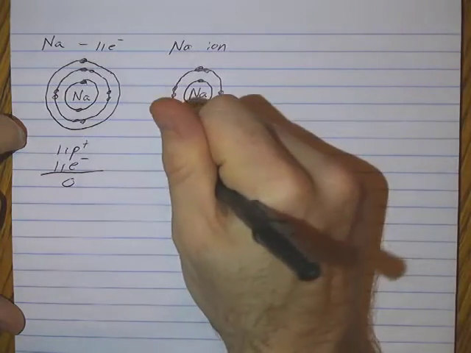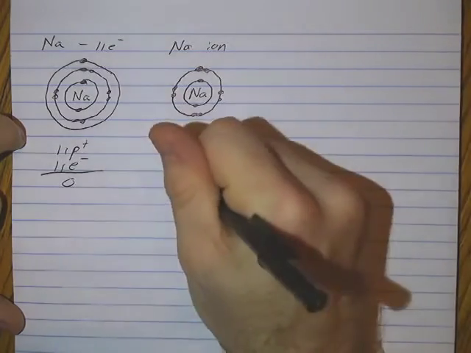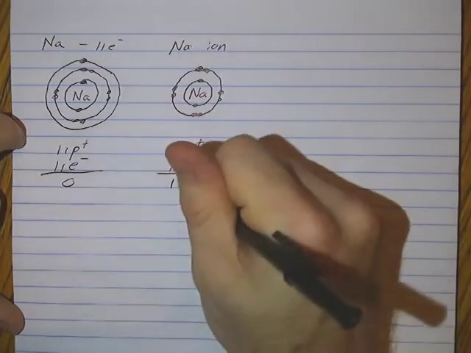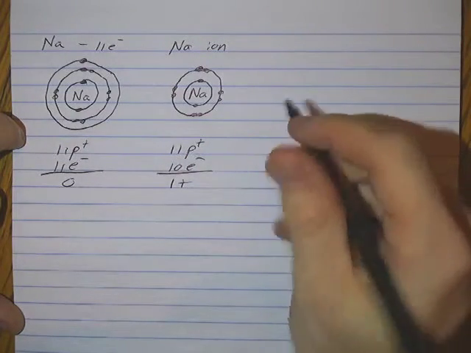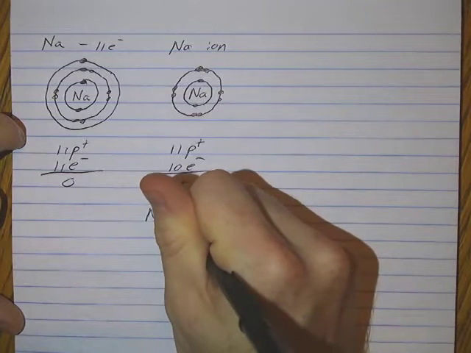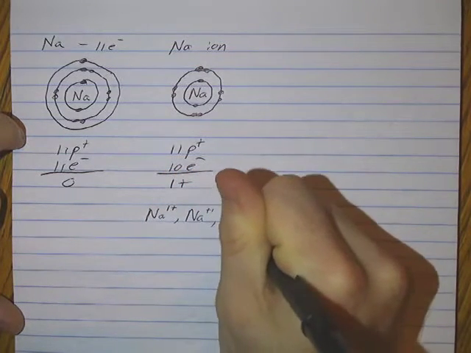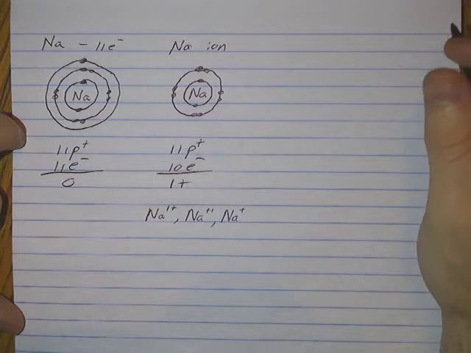We're still dealing with 11 protons, but this time we're only dealing with 10 electrons. So the difference is 1, and we have extra protons, so 1 plus. You can write Na+ or Na1+, you can write Na+1, or you can just write Na+. It doesn't really matter.